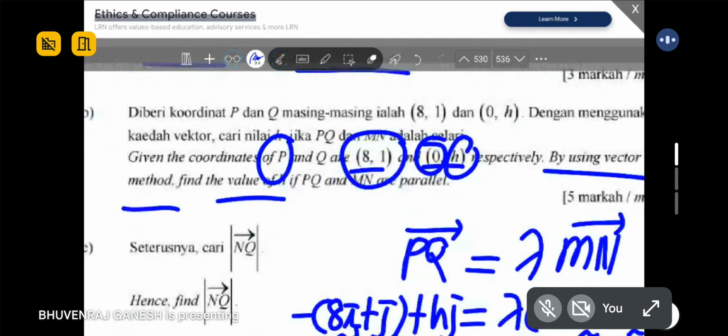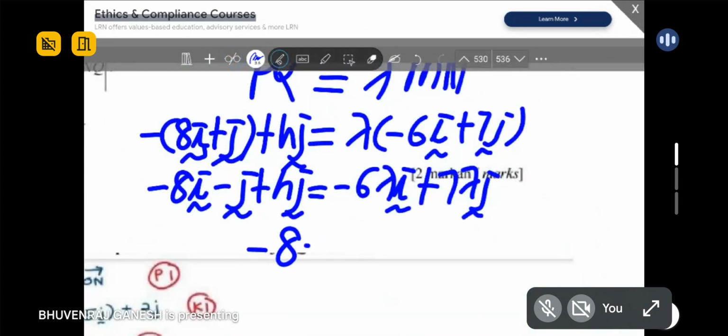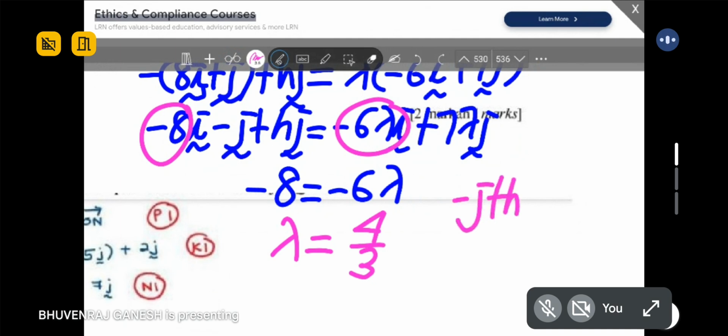So the question is, find the h. Kamu kena cari h. You have negative 8 equal to negative 6 lambda. You compare, guys. Compare the coefficient of i. Bandingkan pekali. So you will have lambda equals 4 over 3. Am I right? Then you compare the second part. Negative 1 plus h is equal to 7 lambda.